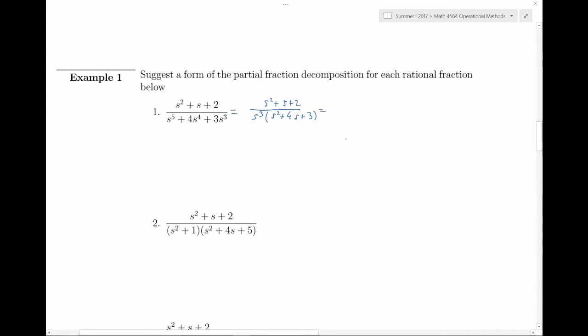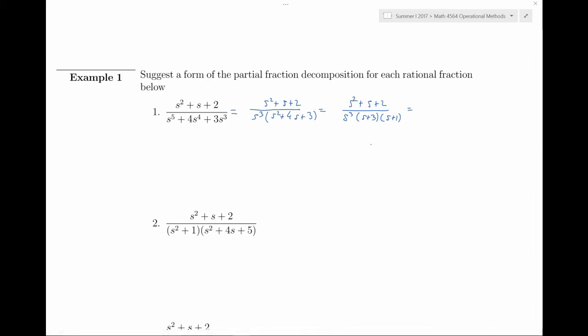We can further factor the denominator into s cubed times s plus 3 times s plus 1. Therefore, the partial fraction decomposition is going to have 5 fractions.